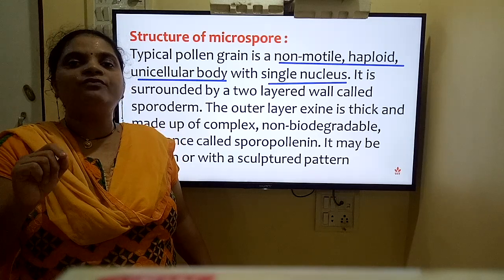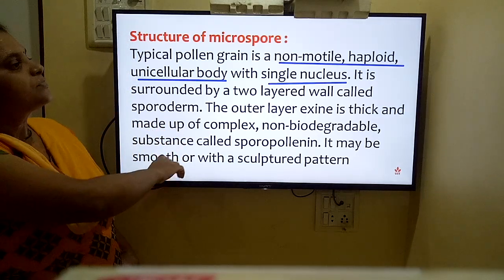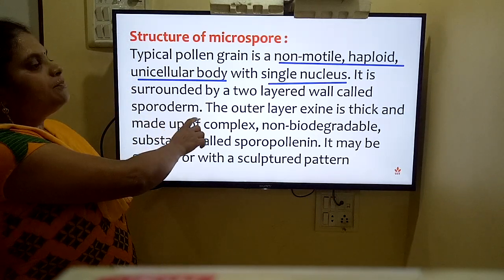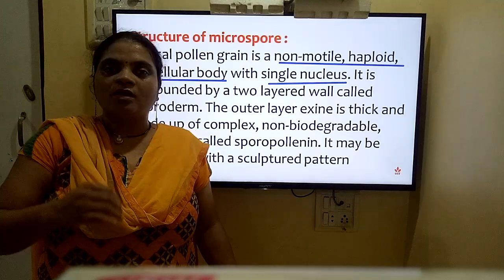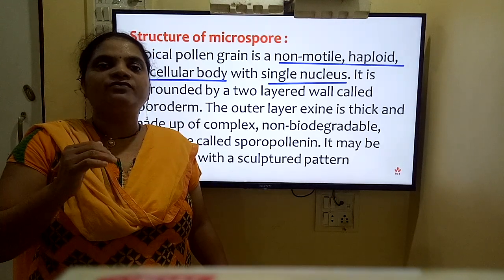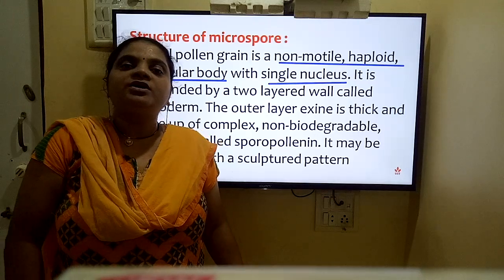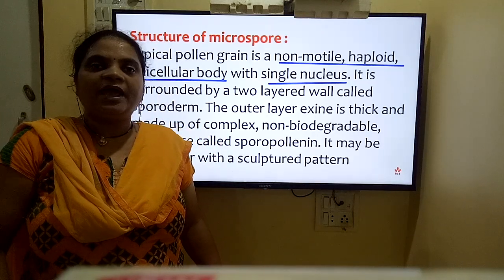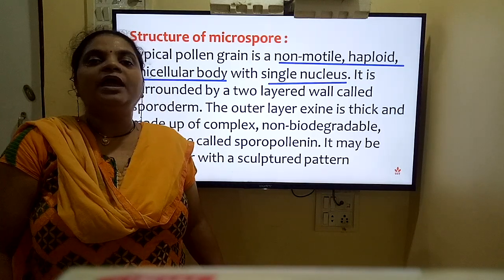That double layer wall is called the sporoderm, with an outer and an inner layer. The outer layer is called the exine and the inner layer is called the intine.